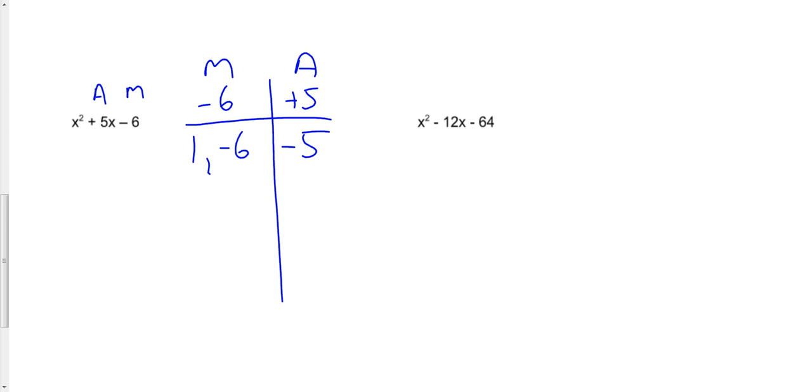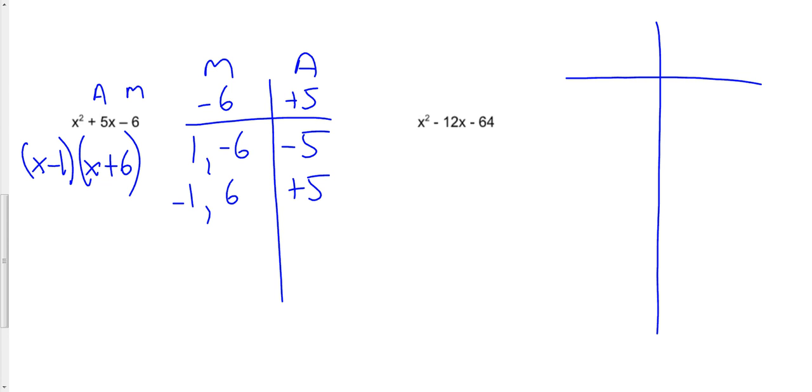Okay, so let's try the reverse of that. Negative 1 and positive 6, again, they multiply to negative 6, but when I add them together, it gives me positive 5. So here, I've got to have x minus 1, x plus 6.